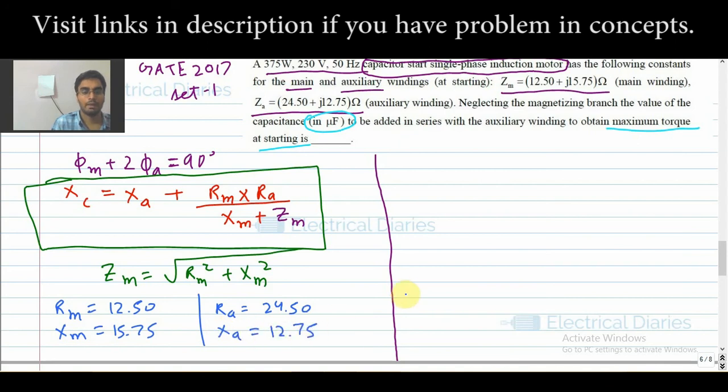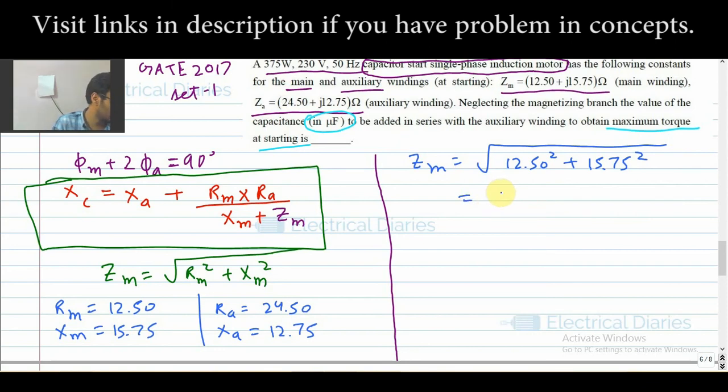Now Zm you can easily calculate: 12.50 square plus 15.75 square, and under root you will get the Zm value, which I have written out as 35.85.